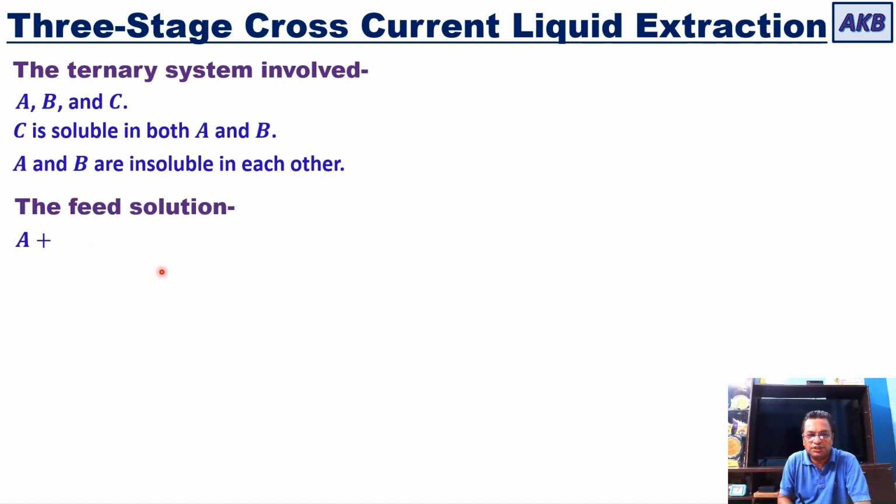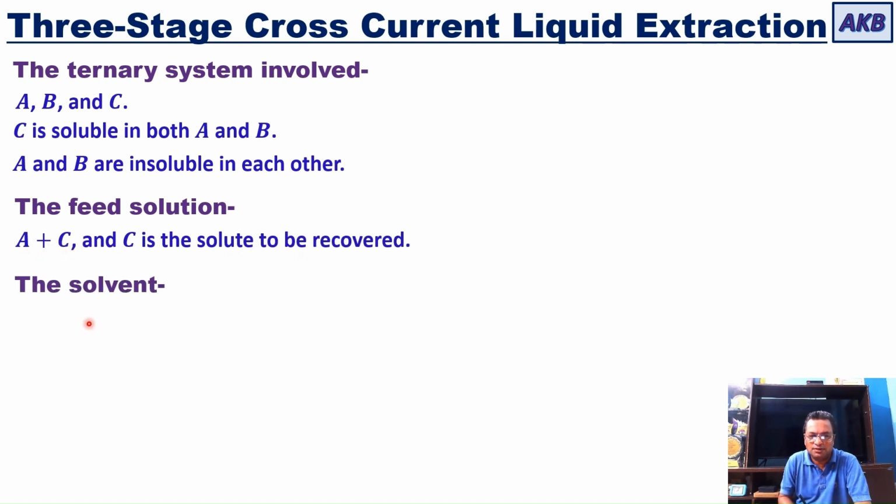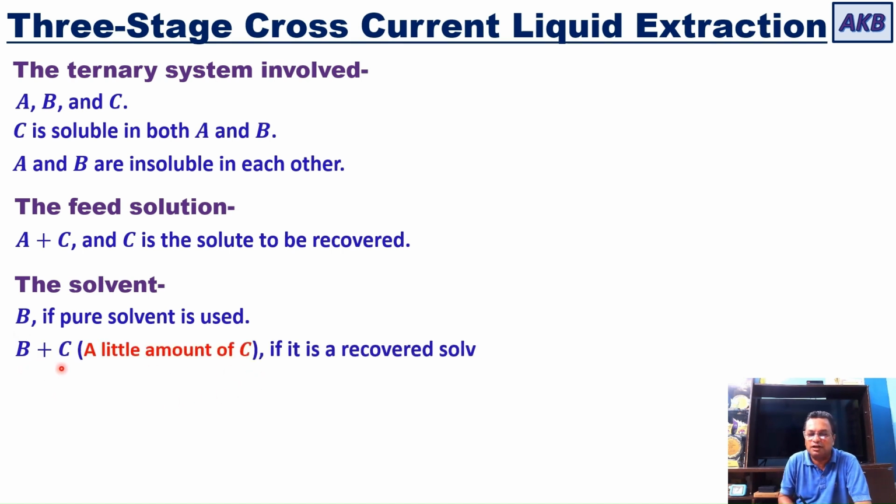The feed solution in this case is a solution of A and C, where C is the solute to be recovered. The solvent used is B. If it is pure, it will be just B. But if you are using a recovered solvent, it will contain a little amount of C, so it will be B plus C, where C is in small quantity.